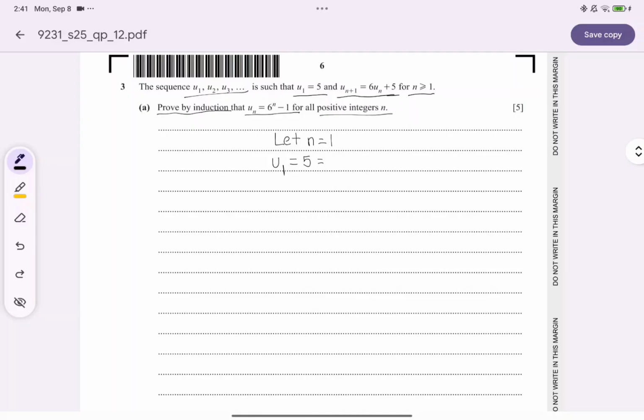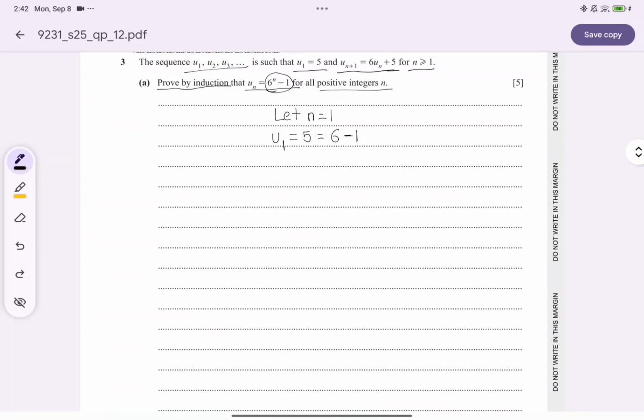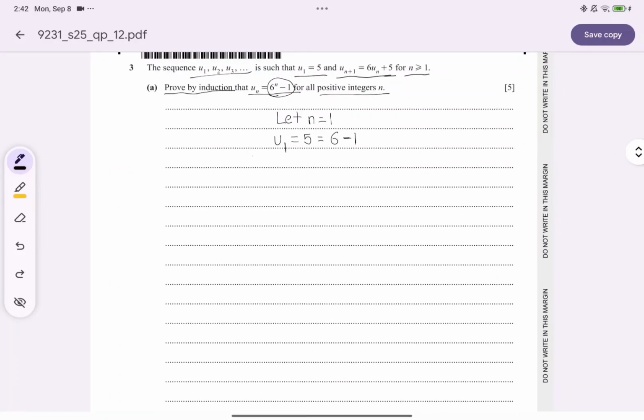And now let's use this result on the right hand side and substitute n equals to 1. So that's just 6 to the power of 1 minus 1. So now check whether both sides match. Yes, 6 minus 1 is equals to 5. So here you can say the case for n equals to 1 is true.